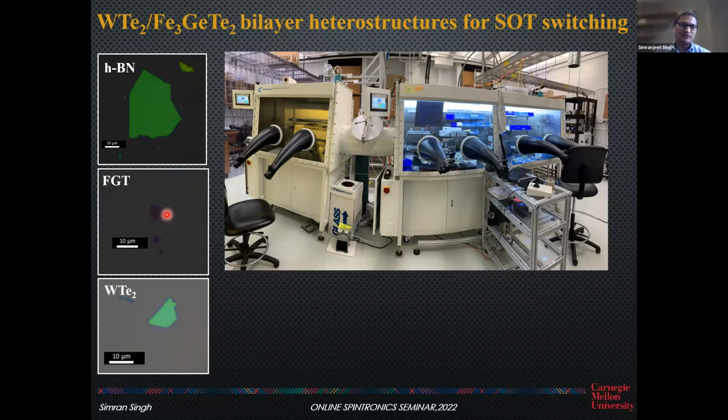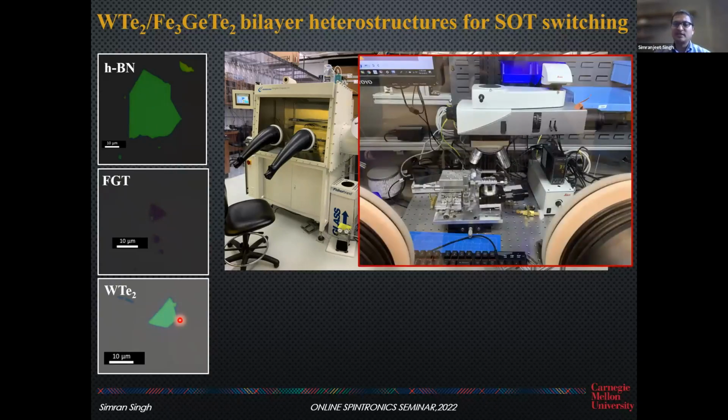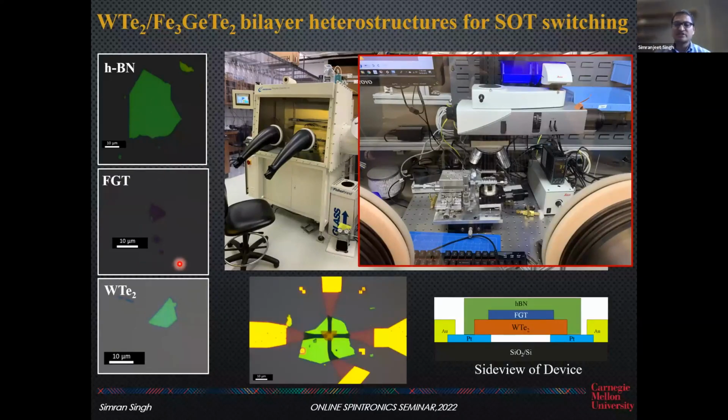This is a thin layer of FGT, and this is WTe2. Then we use mechanical transfer techniques to get these films together to form heterostructures and put them on pre-patterned devices. So at the end of the day, this is how our device looks, capped with hBN. You have WTe2 in contact with platinum contacts, and FGT.